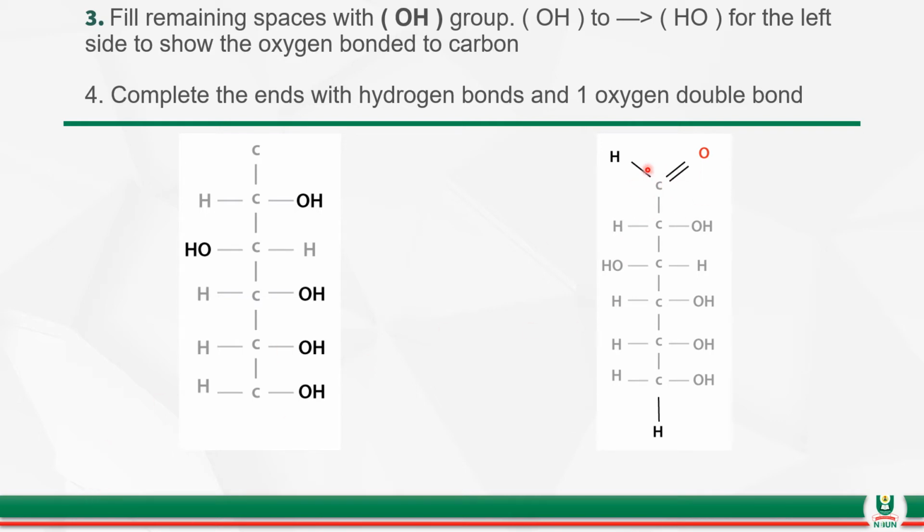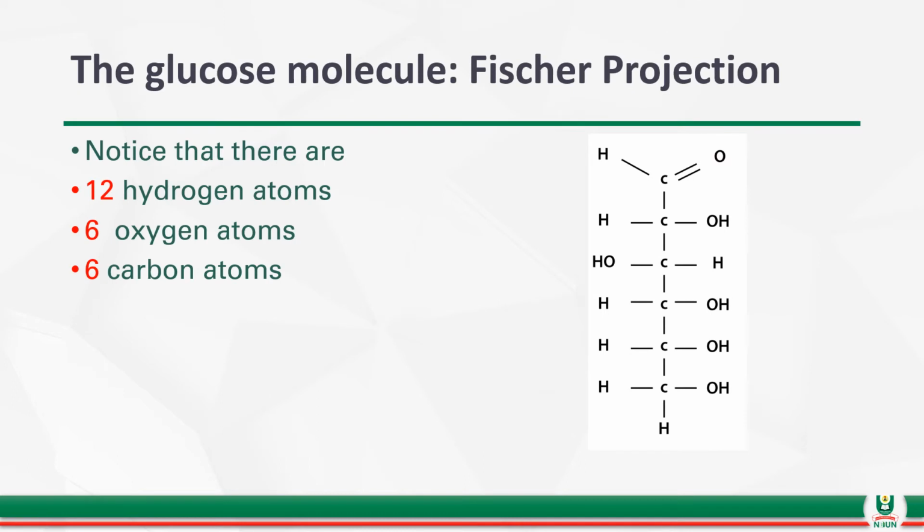I hope you heard what I called it, carbon number 1. Carbon number 1 is the carbon that bears the aldehyde group. And once you do that, you have your glucose structure.